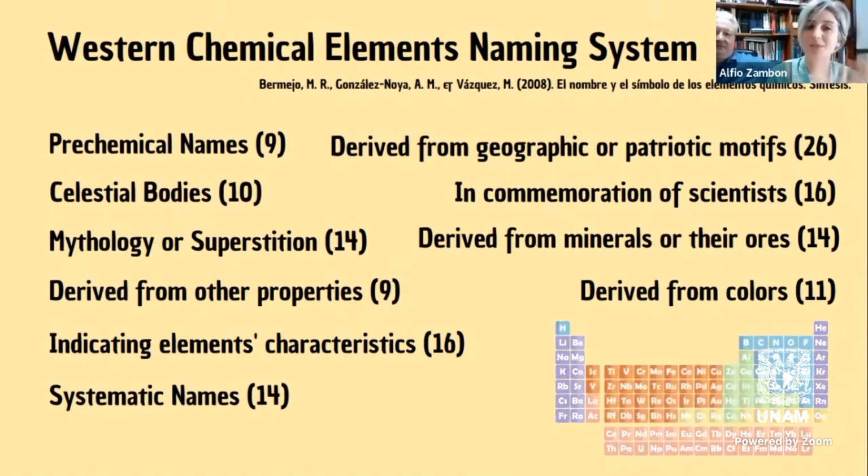We had the pre-chemical names that were widely accepted, and then we had different names referring to different things depending on the time that they were discovered. So that's why we have.